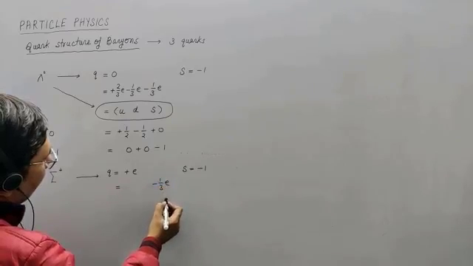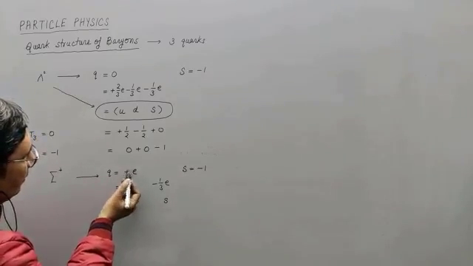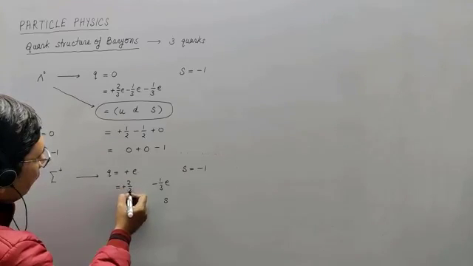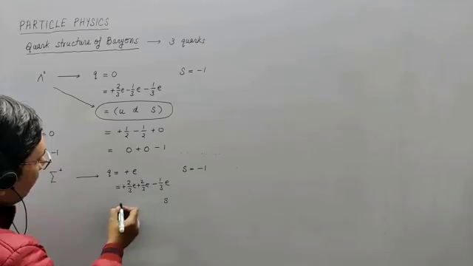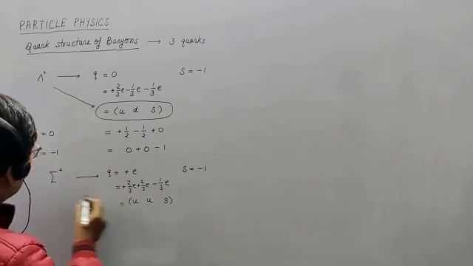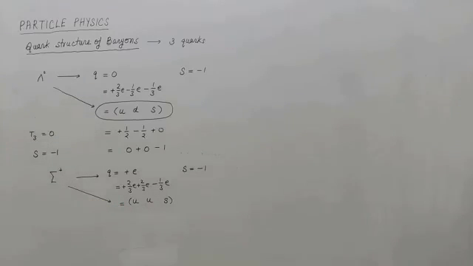One of the quarks involved in the structure of sigma plus is S. So how can you create this plus e? It can be created like this, plus 2 by 3e plus 2 by 3e. So this will be UUS. This will be the internal structure of sigma plus.